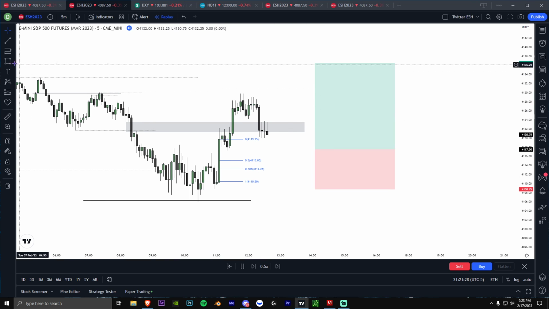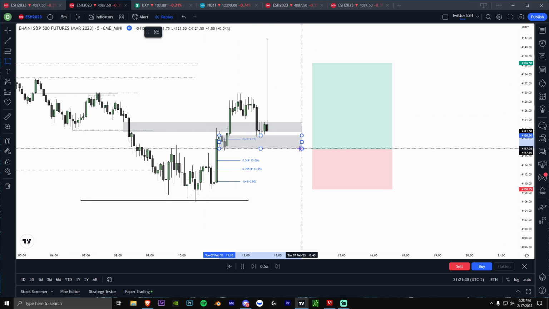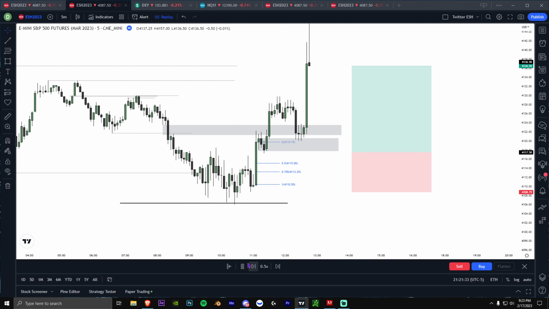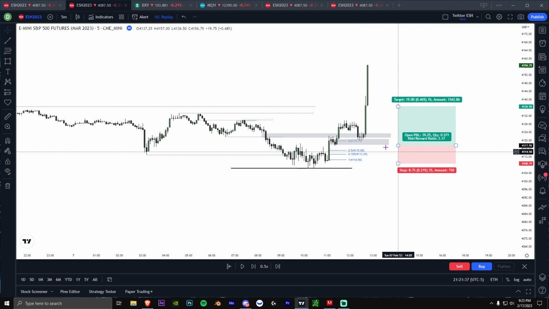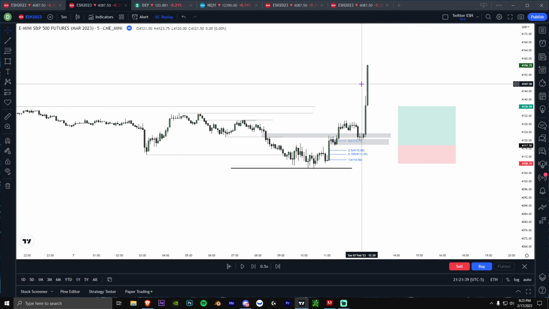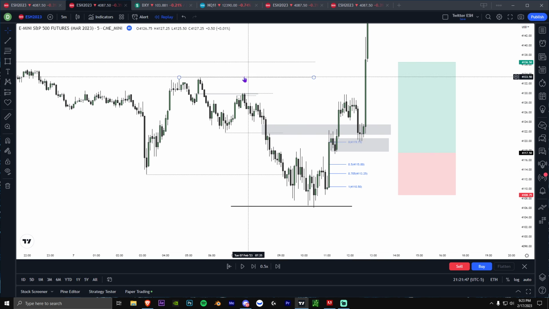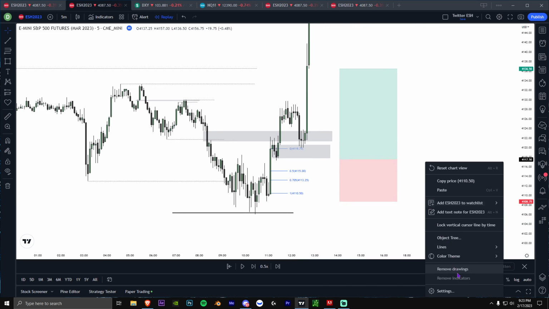I would agree with you. We also have these order blocks form in here, and then there's your profit target, right there. Yeah, so that was nice. That's the trade I just went over. I absolutely would have taken a loss on this trade right here, but I agree the bias was bullish.